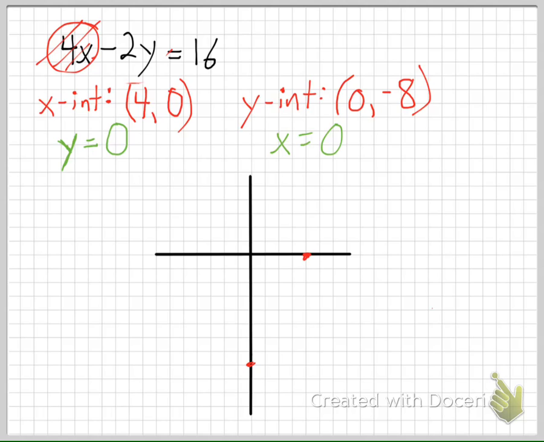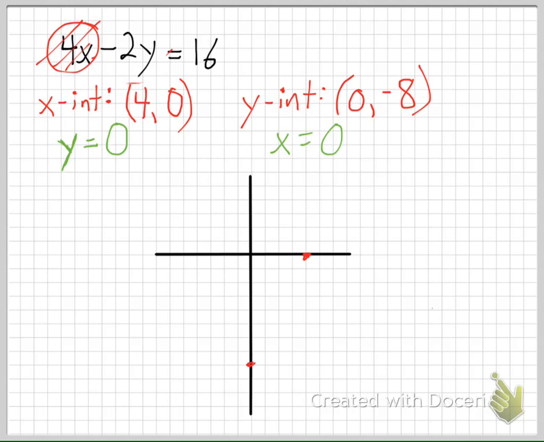Now, is that my solution to this equation? Okay, the line is really, really important. How many solutions does 4x minus 2y equals 16 have? A million is actually a really small estimate. Infinite, okay?